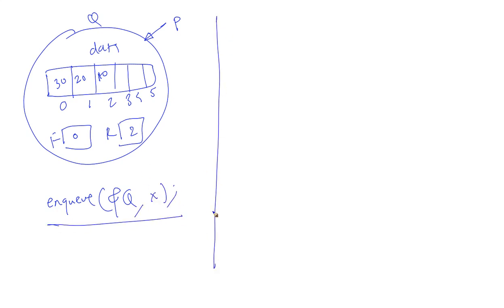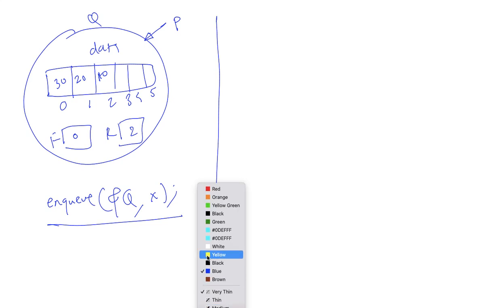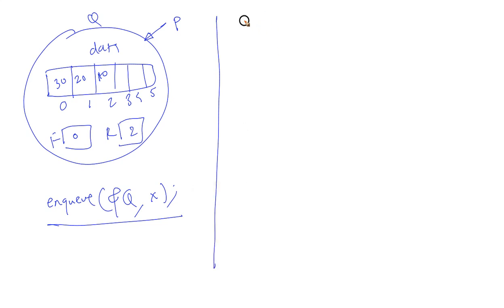So here is my enqueue function: void enqueue, and to this we are passing the address of this queue, so I need a struct queue type pointer, struct queue star p, and then one integer element, int y.